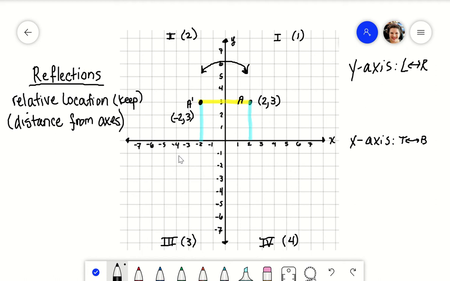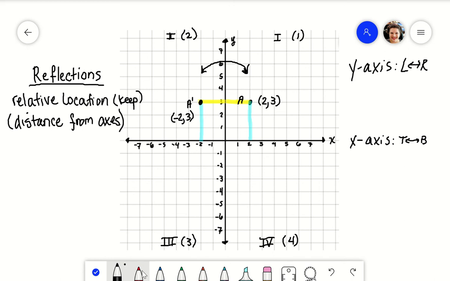So you'll notice that the relative location is the same. It's still 2 spaces from y and 3 spaces from x. You'll also notice that the numbers 2 and 3 did not change. What changed was the quadrant, and that means that the x values in quadrant 2 are always going to be negative. And that's why these quadrants are important.